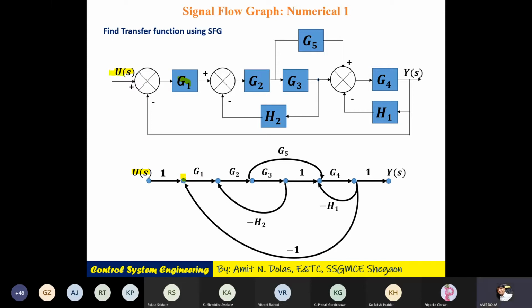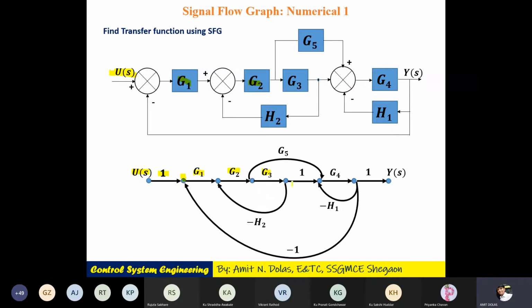I'm using a branch with gain 1, but it doesn't matter. Even if you don't take it, it doesn't affect the final output. Then we have G1. This branch is G1. Then we have G2. This is G2. Then G3.